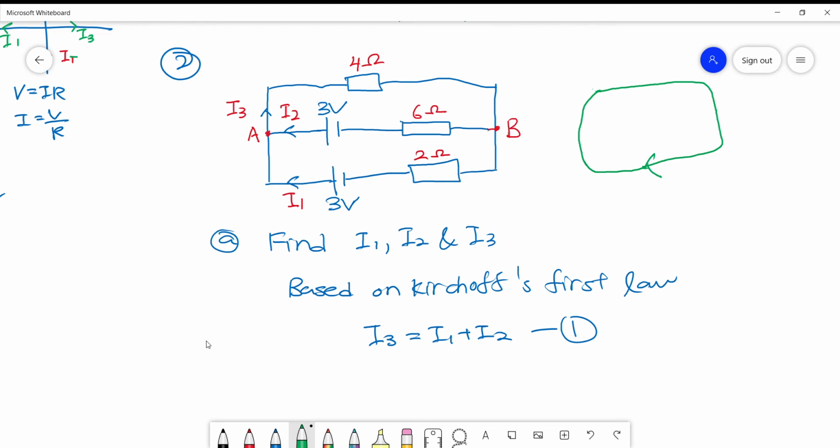This will be our first loop. I don't know whether you can see clearly, the green path indicates the first loop.